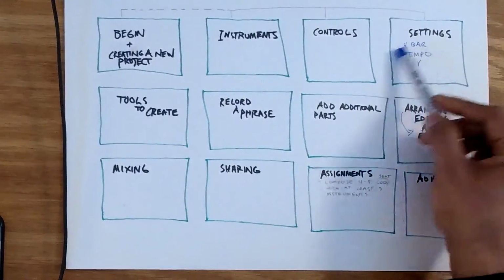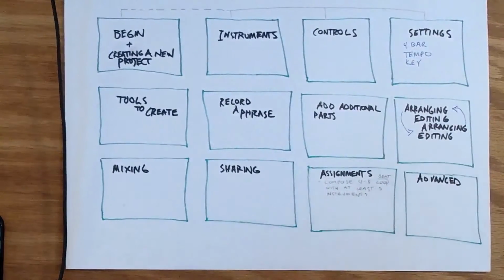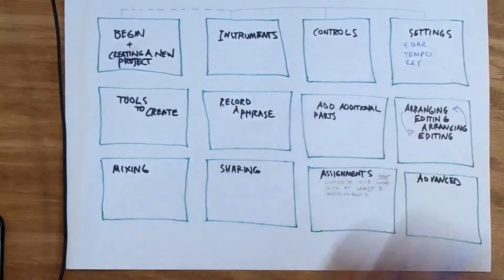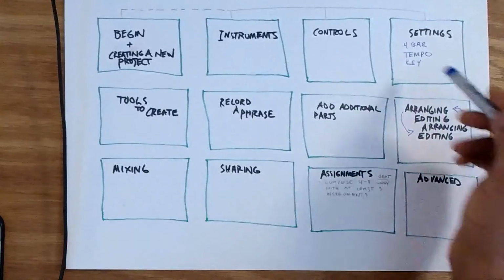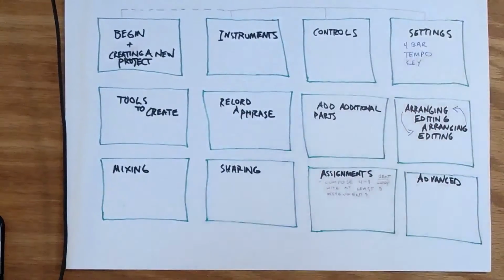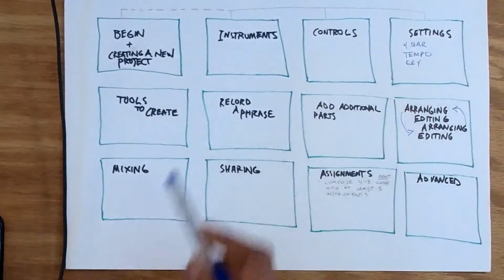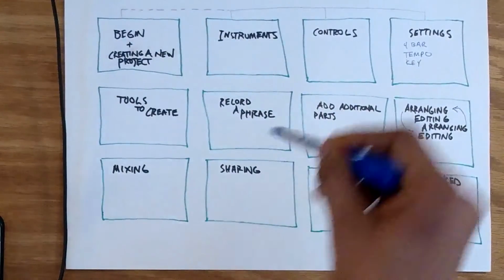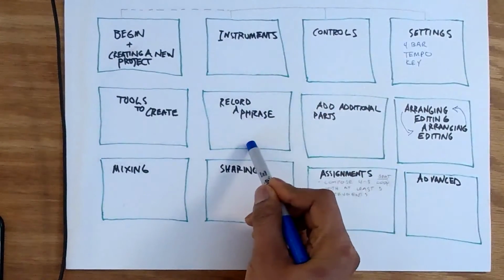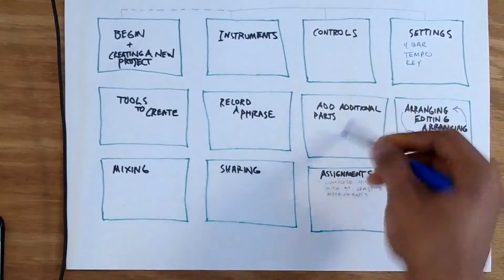We didn't change the tempo because we used an algorithm that was already a cool tempo for us. It was 85, but normally if it's too slow or too fast, you can adjust that. And we did change the key, right? Changed the key to 8. So these are all tools that we use to create. We recorded some phrases and we've been adding additional parts.